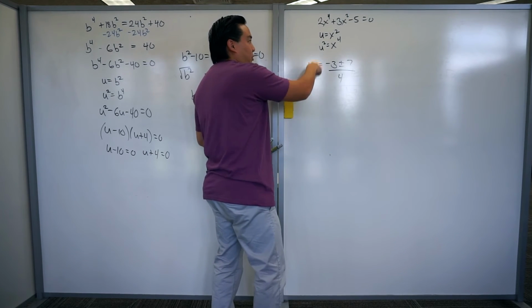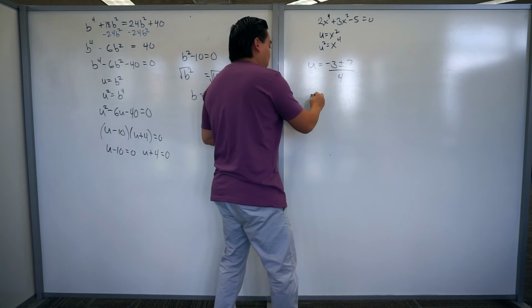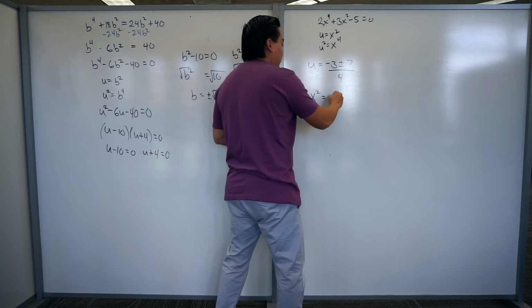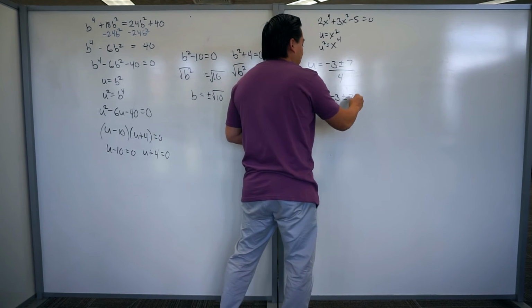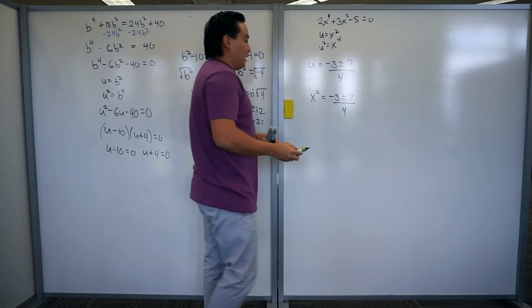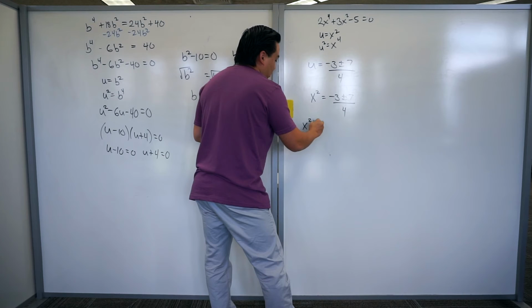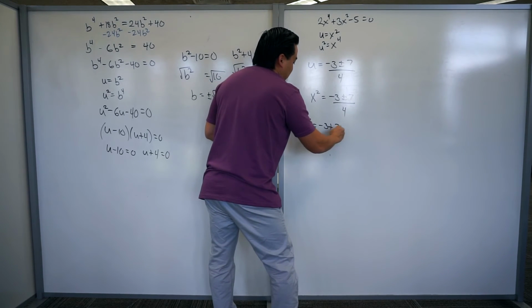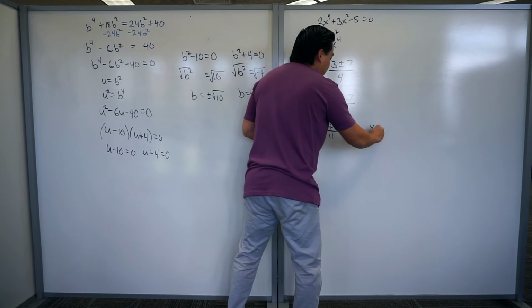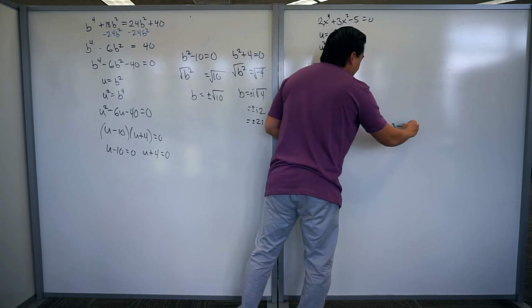Our u variable, though, is x squared. So this is x squared is equal to negative 3 plus or minus 7 over 4. And let's go ahead and split this up. x squared is equal to negative 3 plus 7 over 4, or x squared is equal to negative 3 minus 7 over 4.